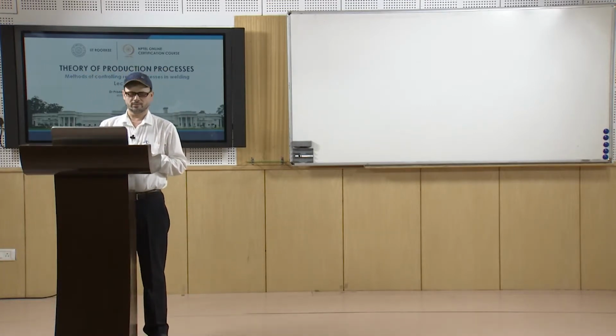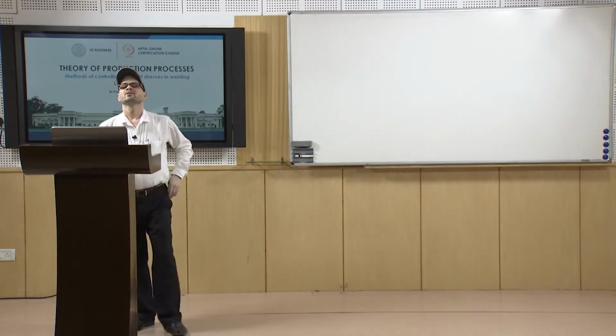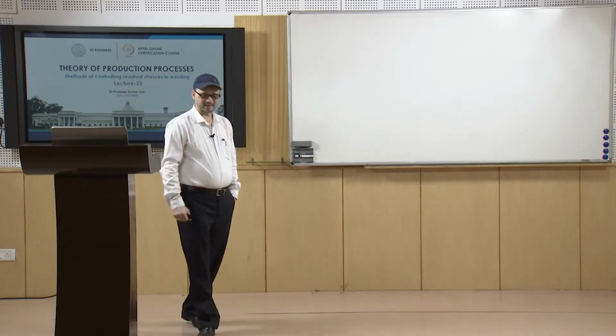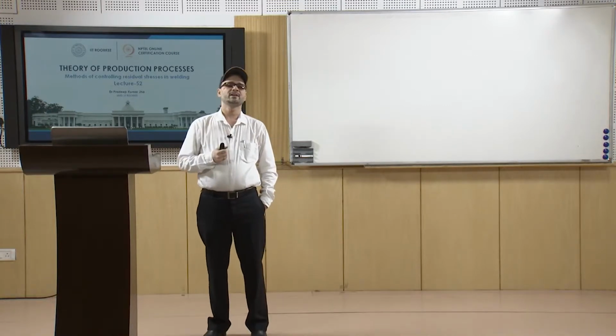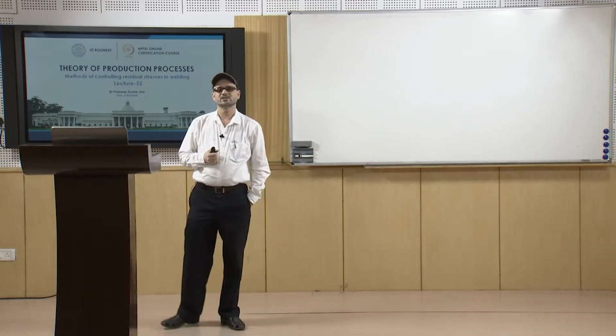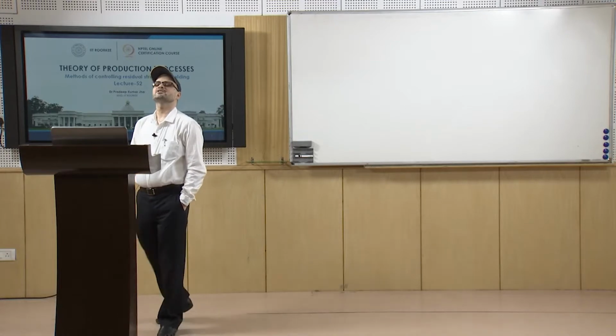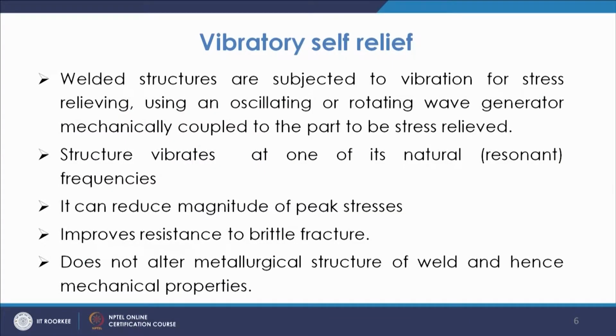Now, coming to the next type of method. The next method which is used for the relieving of the residual stresses is the vibratory stress relief. So, in this method the welded structures are subjected to vibration for stress relieving using an oscillating or rotating wave generator mechanically coupled to the part to be stress relieved.